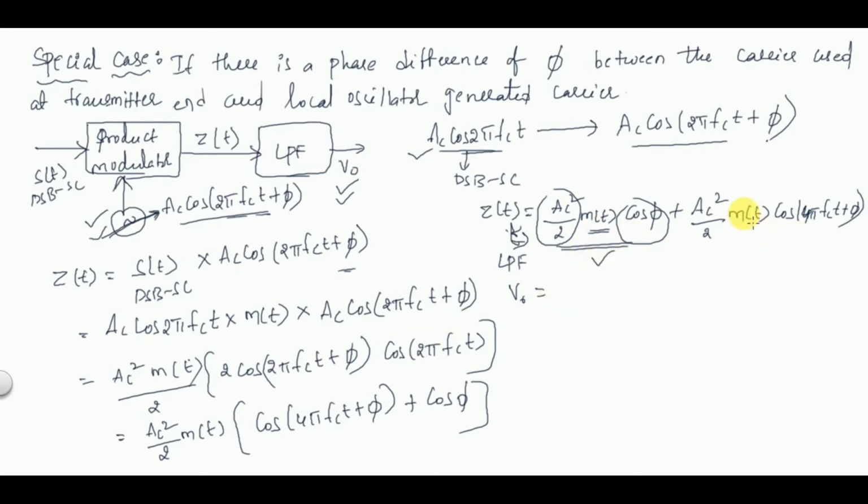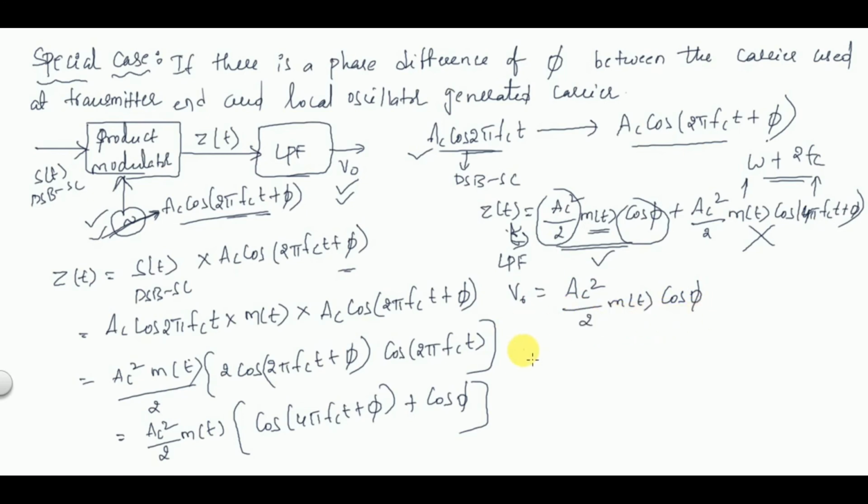In the second term, the frequency of m(t) is W and the carrier frequency is 2fc, and since they are multiplied, the frequencies add in the frequency domain. So the frequency is 2fc + W, which is a very high frequency, so this term is rejected by the low pass filter. The output will be Ac squared by 2 m(t) cos φ. Okay, so this is the output of the synchronous detector.